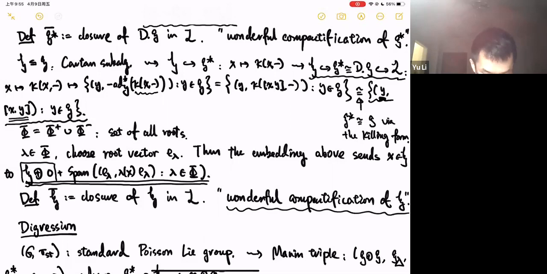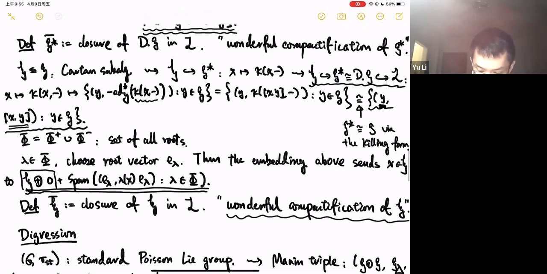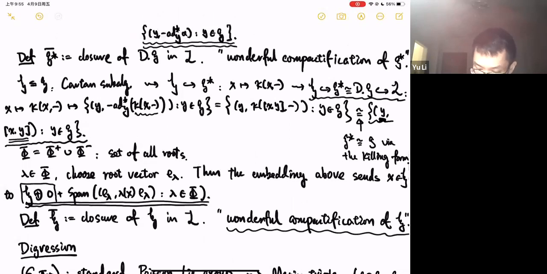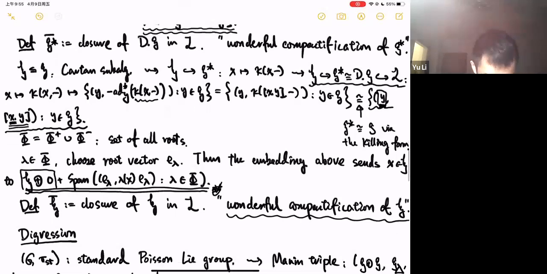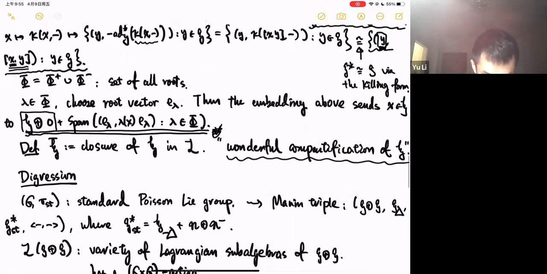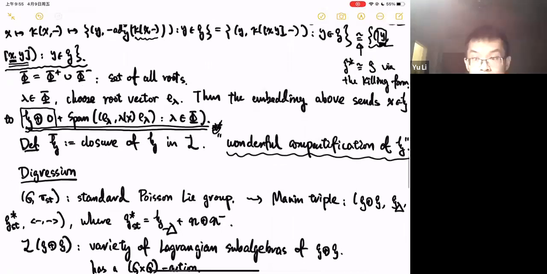This also explains why H bar is easier to understand than G star bar, because if this x is a general element of G, then we won't have this nice presentation down here. Any questions so far?